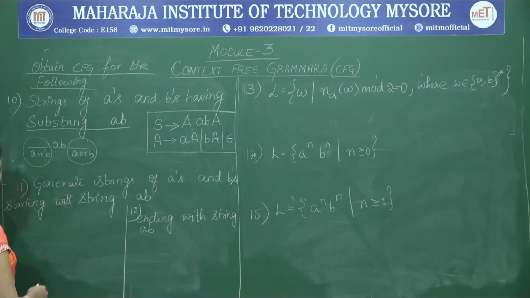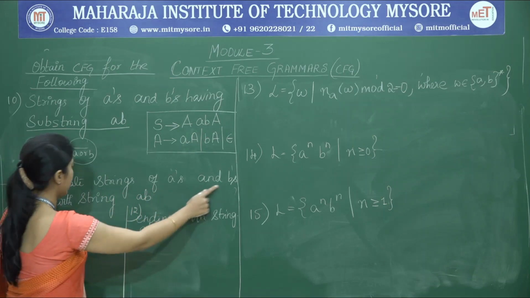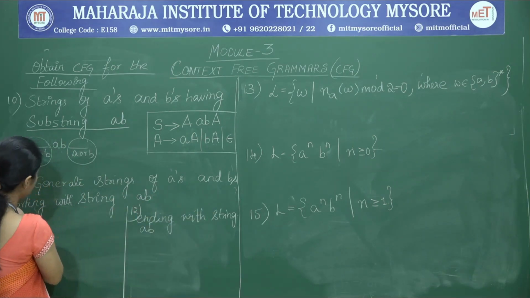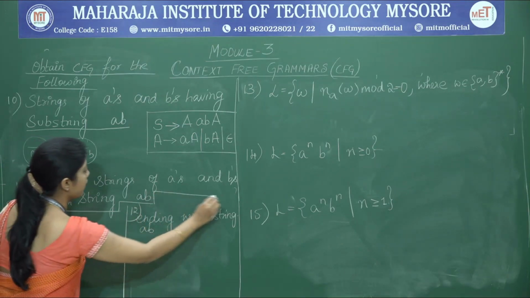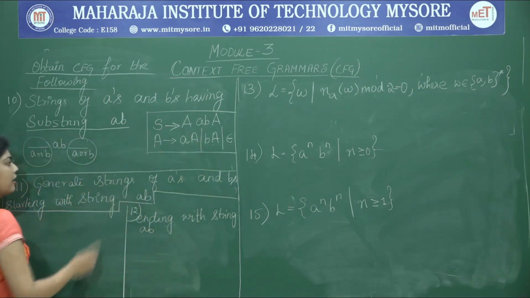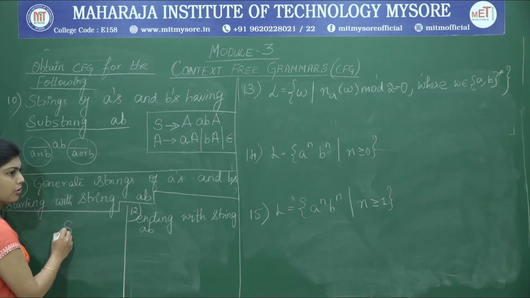So we will look at the next problem, the 11th problem. Generate strings of A's and B's starting with the string AB. So we have given the condition, it has to start with the string that is nothing but AB. So like we had a substring here, it's easy for us to now define the production rules.